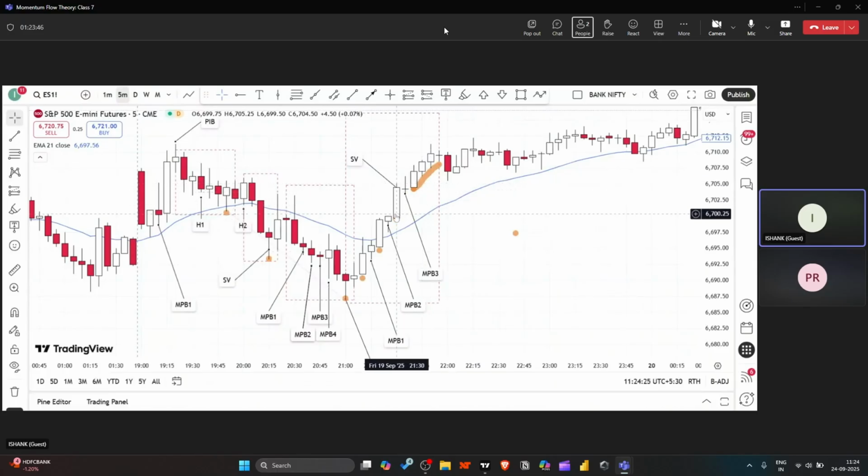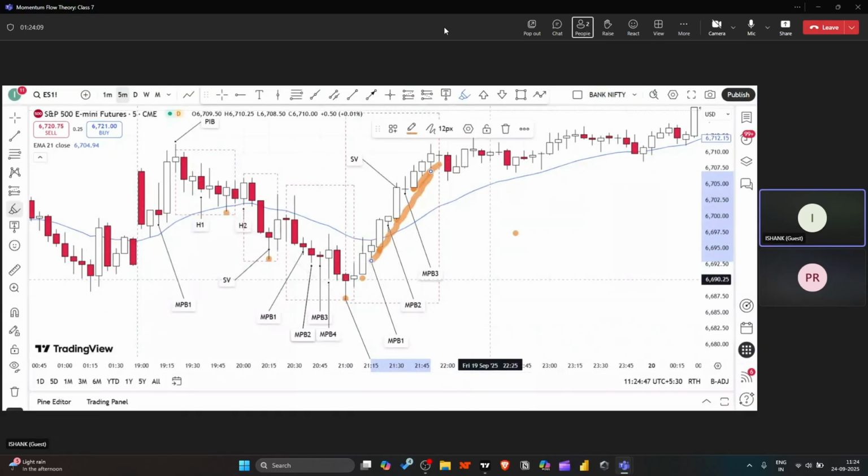So is the concept clear? From there it is like this. Entire thing you want to mark. What did I say?